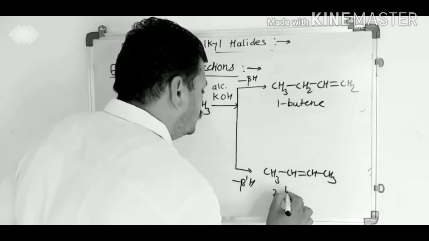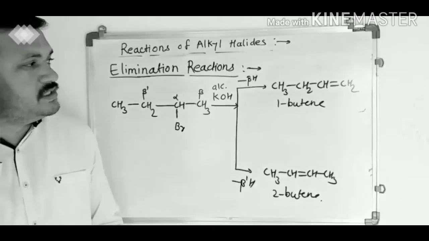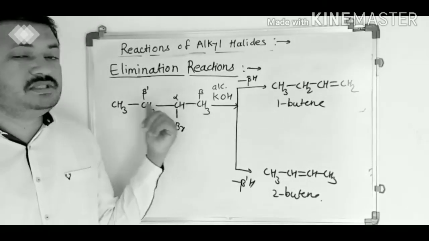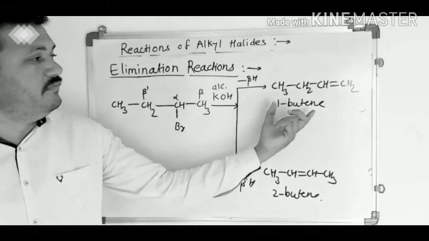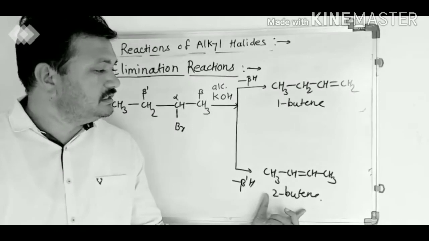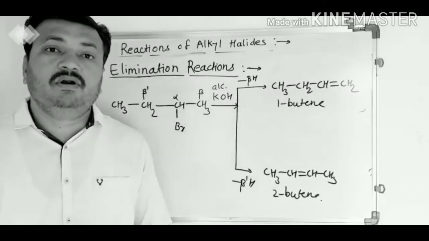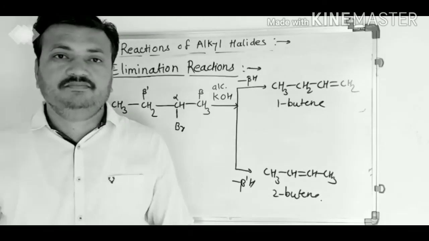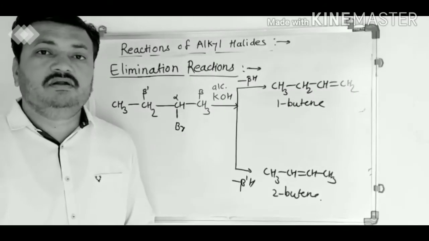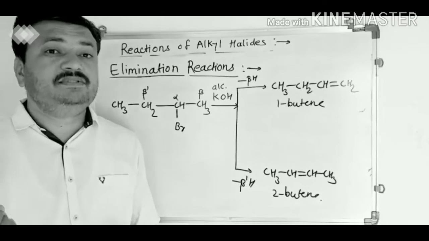It is 2-butene. Formation of two types of products, because two types of beta hydrogen are present. One of the products is the major product and one is the minor product. Then how to decide which product is the major product? Therefore there is a rule. It is known as Saytzeff's rule.